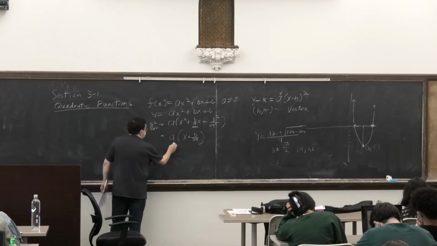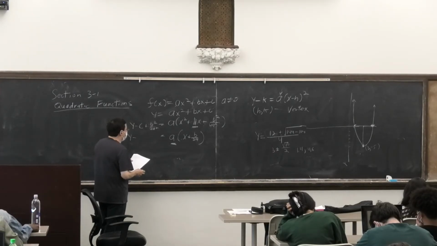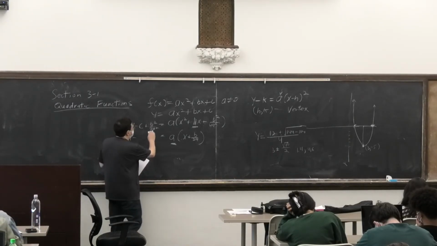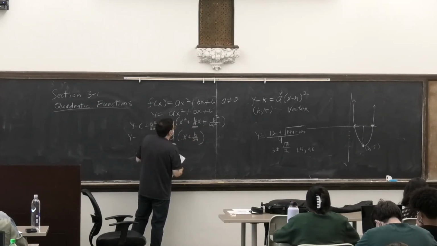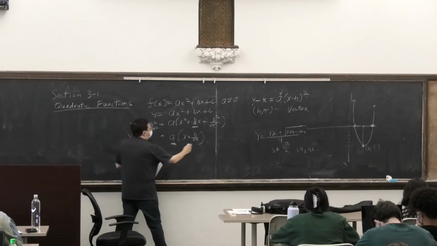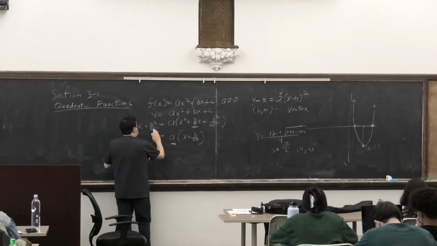Oh, well, I've got an a over here. Did I make the same mistake I did here over there? Yes, I did. I added b squared over 4a squared here, but that's times a, so this is just over 4a.